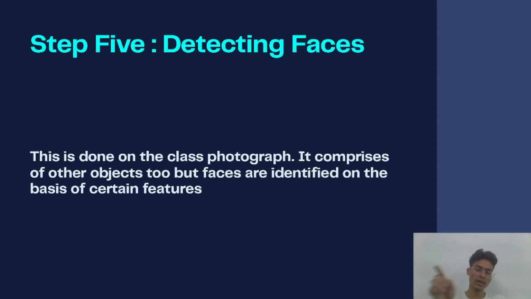From the entire class photograph, the model identifies which parts of the photograph comprise faces. A face has some basic features like two eyes, one nose, one mouth, and it also looks into the symmetry, and that is how it identifies.